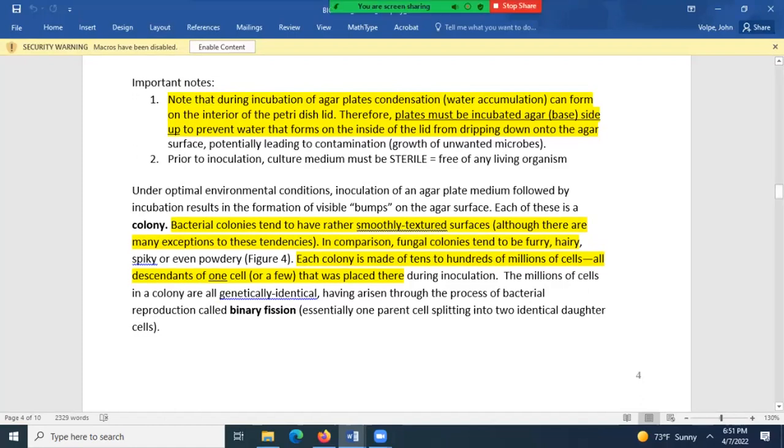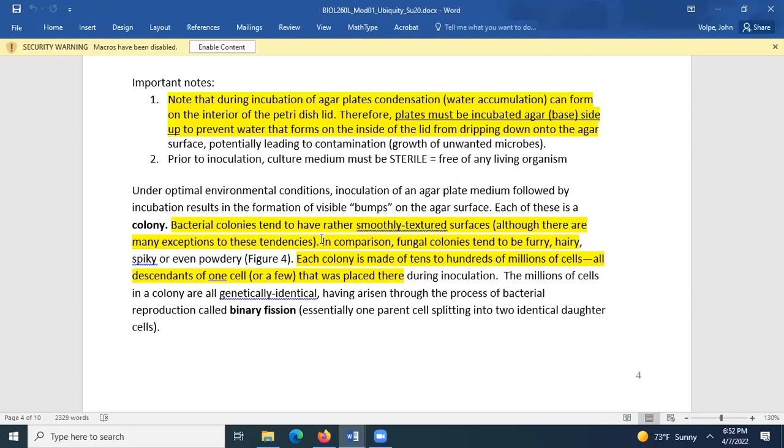And so when you look at colonies, you can usually tell if it's a bacteria colony or a fungal colony. We do not grow fungi in our microbiology lab because fungal spores tend to go everywhere in the air, and then they can easily cause contamination. So we try to reduce the fungi in the lab.